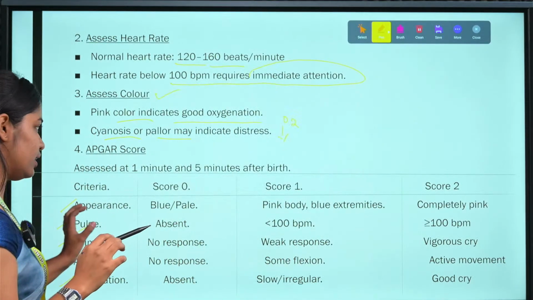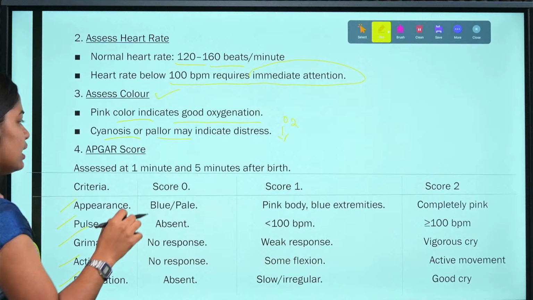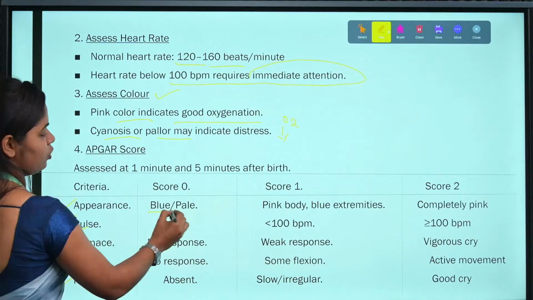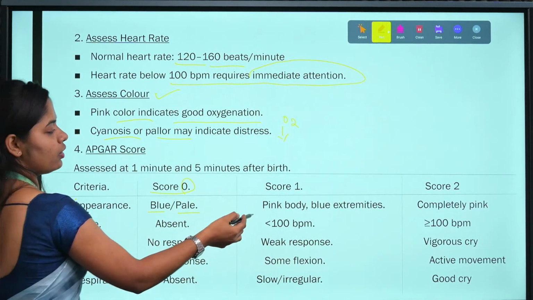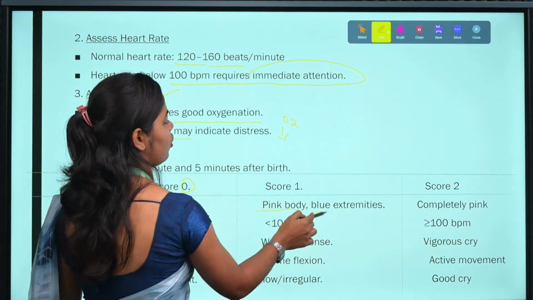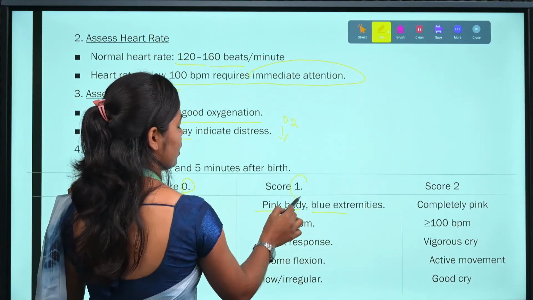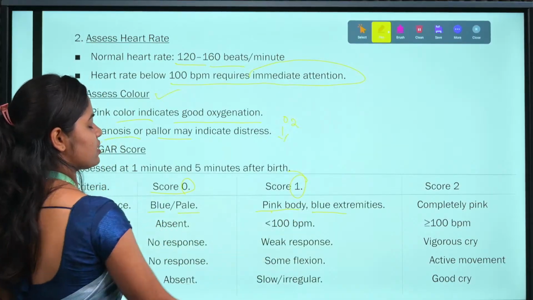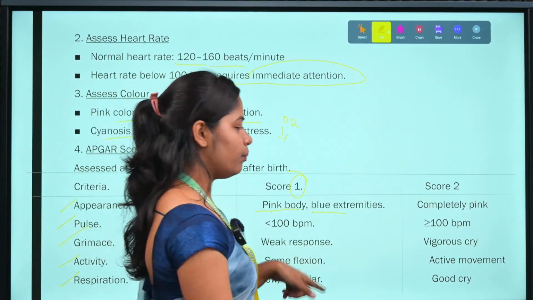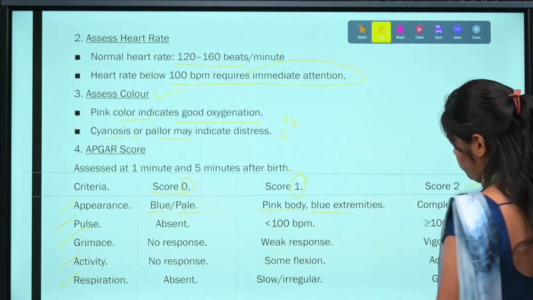For appearance, if the baby is blue or pale, we give the score 0. If the body is pink with blue extremities, score 1. Completely pink means score 2.